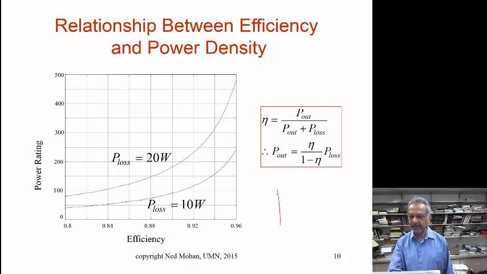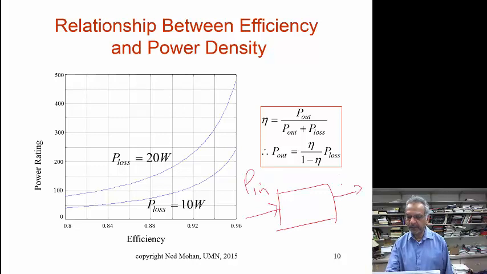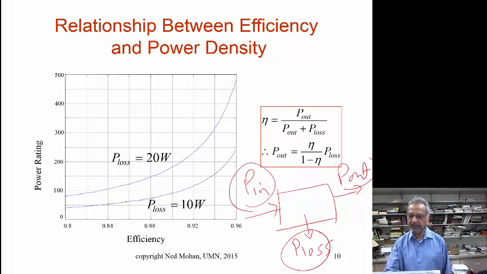So if you look at this power electronic equipment as a block here, you have input power coming in here, you have output power over here, and a certain amount of power is lost, P loss here. So in terms of these three powers, we can represent the efficiency, and as you can see, input power is the sum of these two here. So writing it in terms of the output power, we can write the efficiency like this here.